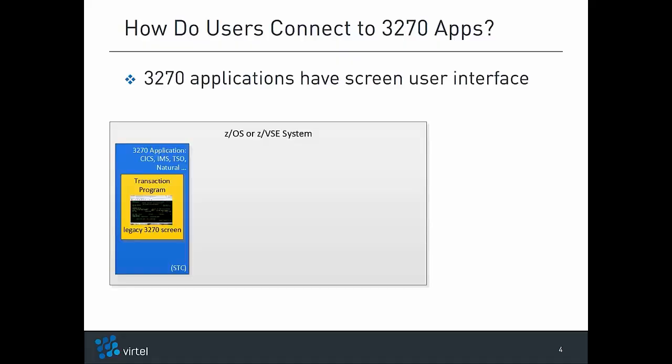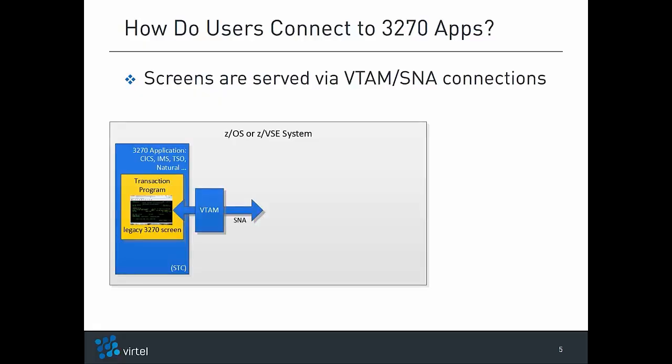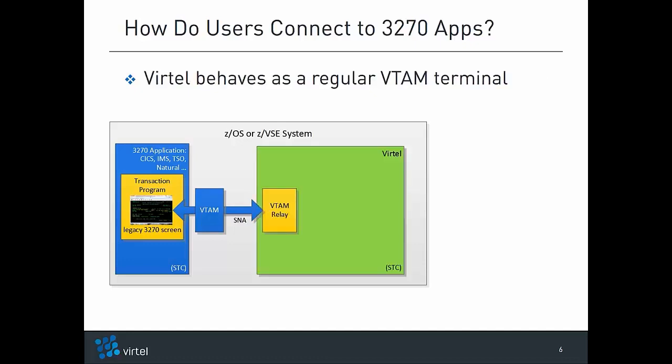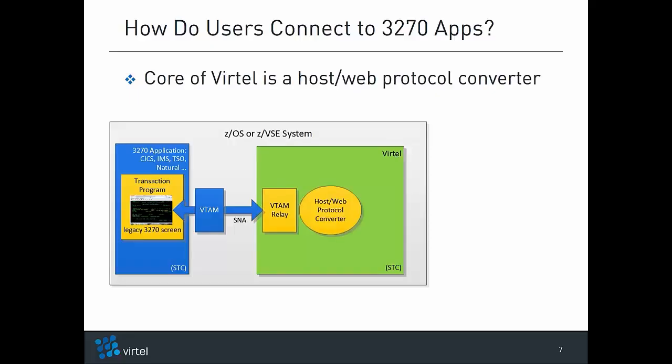3270 applications, such as CICS, IMS, and TSO, have a screen-based user interface. The screens are served to users via VTAM SNA connections. Virtel Web Access, which runs as a started task on the mainframe, behaves as a regular VTAM terminal.